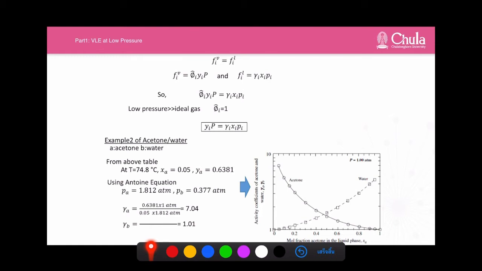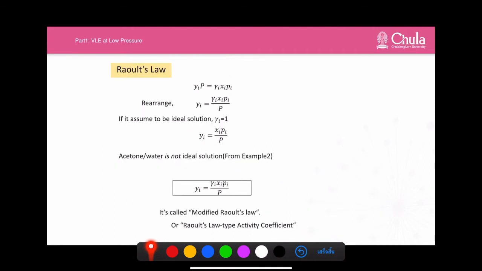So now we have our model, the vapor-liquid equilibrium model. For this model, we can rearrange our expression as yi is gamma i xi Pi over P, right?